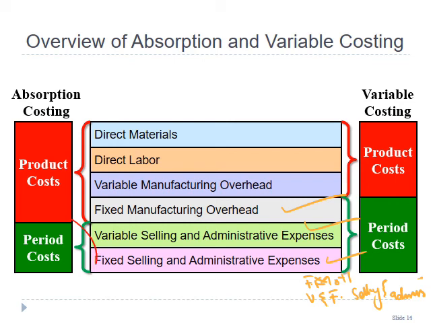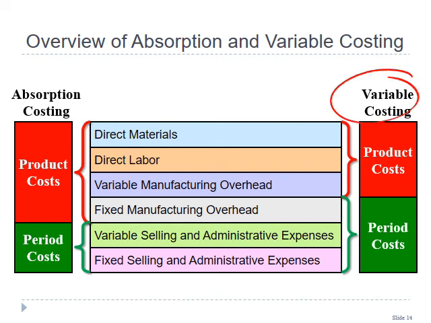But absorption costing consists only of variable and fixed selling and administrative expenses as a period cost. So when it comes to product cost, which one results in a lower product cost? Variable costing. When it comes to the period cost, which one results in the lowest period cost? Absorption costing.